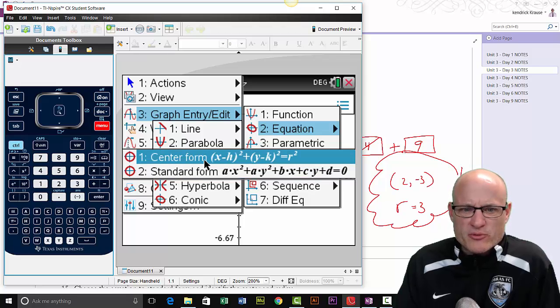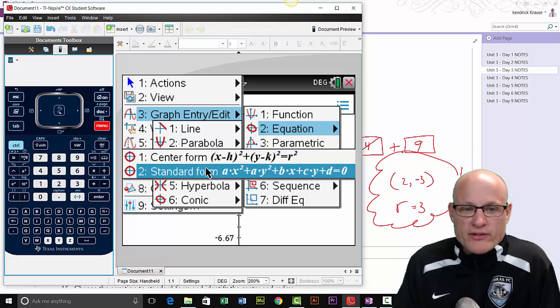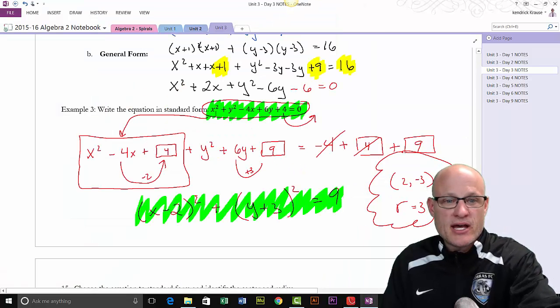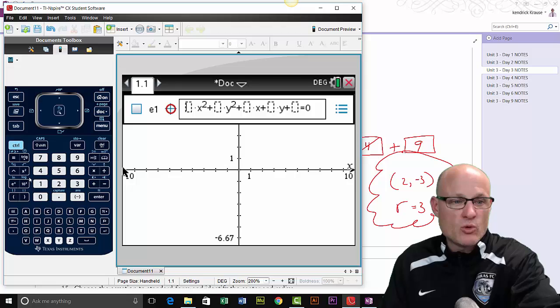Center radius form is normally what this one's called, and then the standard form. So let's do the standard form first. Notice it's ax squared plus ay squared plus bx plus cy plus the constant equals 0. So let's go back. A is 1, so I put a 1 in there.